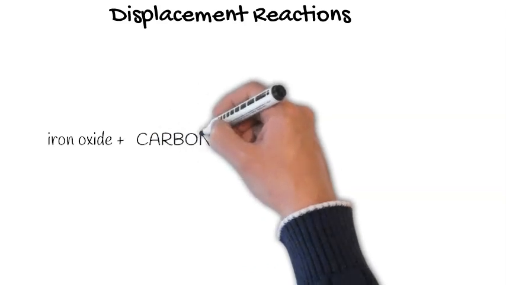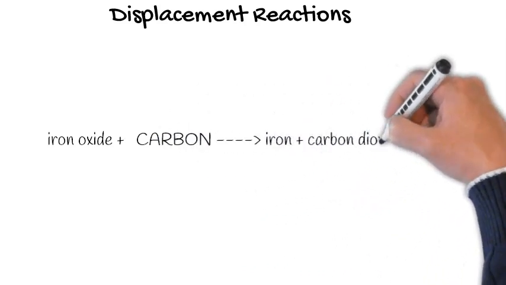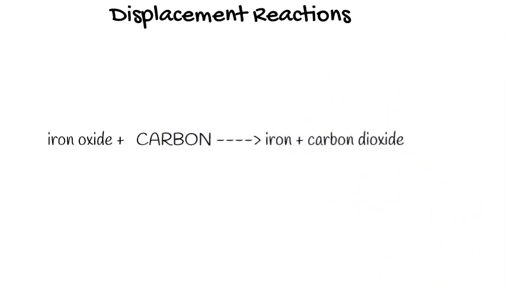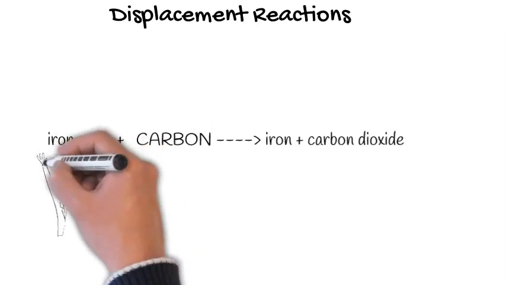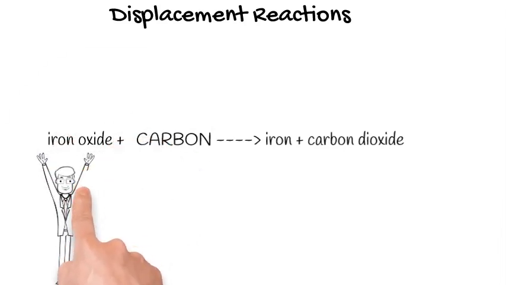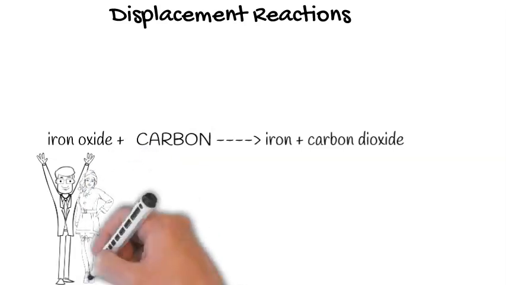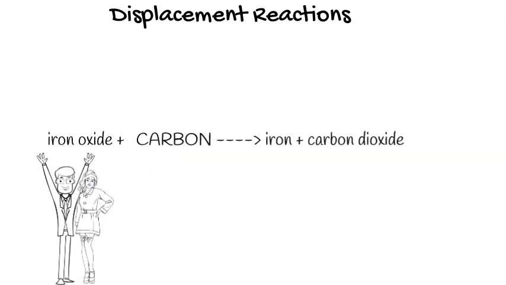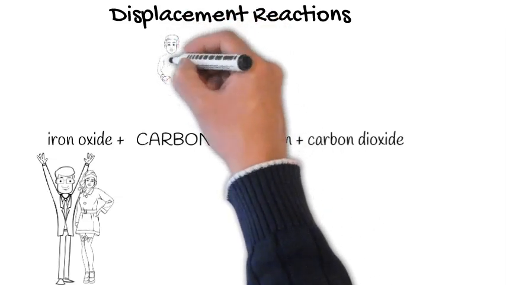We can also explain this in terms of displacement reactions. If we look at the previous example, we said that carbon was more reactive than iron if I look at its position on the reactivity series. So to use an analogy, iron of medium reactivity is going out with a gorgeous girl. And then along comes carbon.